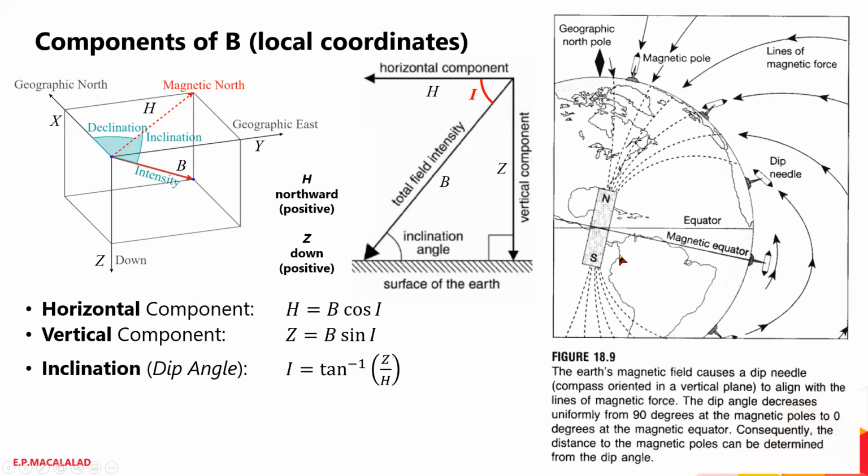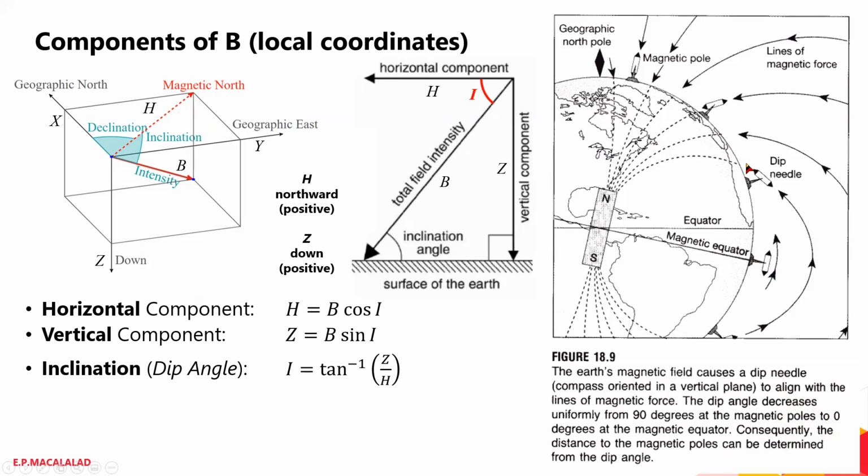At the magnetic equator, the magnetic field, as I showed you earlier, is purely horizontal. That means it doesn't have a vertical component, so the inclination is equal to 0. That means the compass at the magnetic equator will be horizontal.